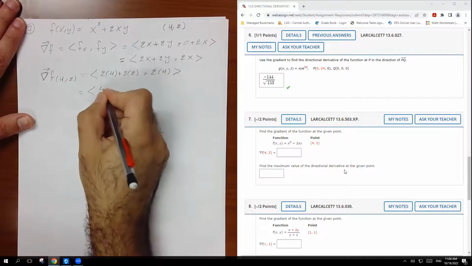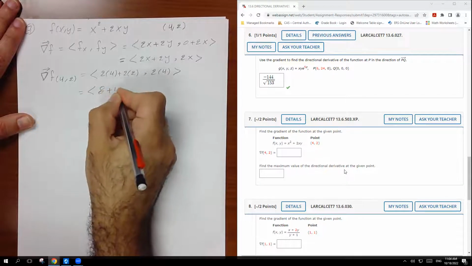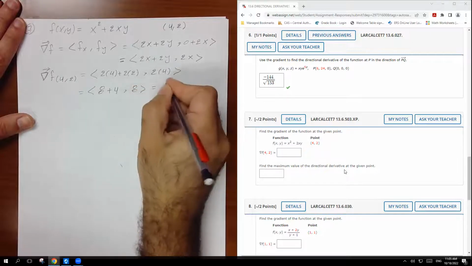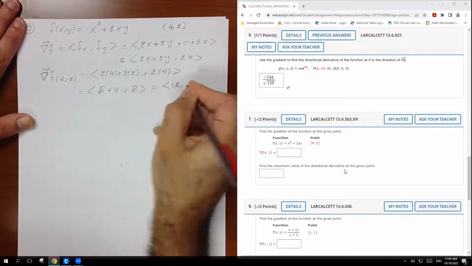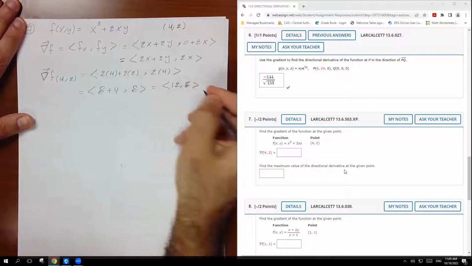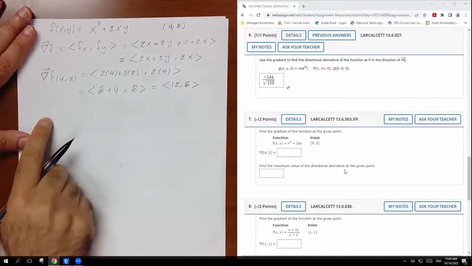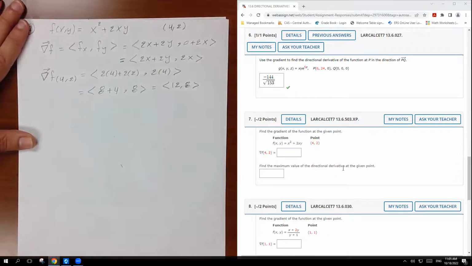So it's going to be 8 plus 4, and here is 8. This one is going to be 12 and 8. So this is the gradient at this point. We need to find the maximum value of the directional derivative.